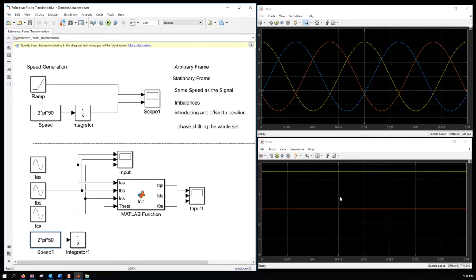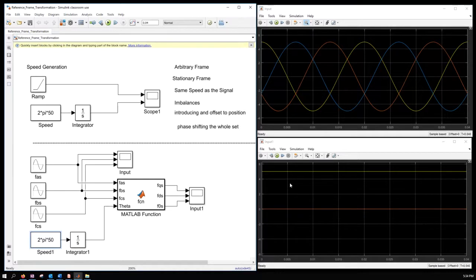Okay, is that understood? So we are looking at that signal from a different reference frame. Now we can implement controllers for this signal, and then we can transform them back using the inverse transform, bringing it to the right frame or the stationary frame, where now we can apply the voltages to the motor, which makes our life so much easier.